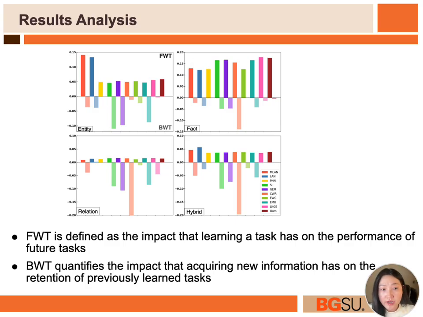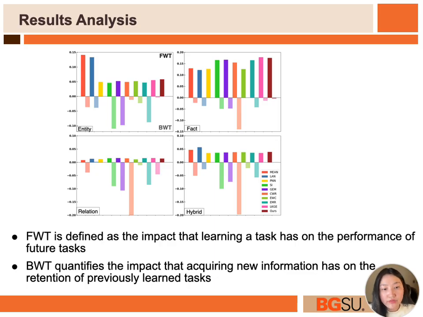This figure illustrates the knowledge transfer for well-learned models across 4 datasets. Bars represent FWT and BWT values. FWT is defined as the impact that learning a task has on the performance of future tasks. BWT quantifies the impact that acquiring new information has on the retention of previously learned tasks.